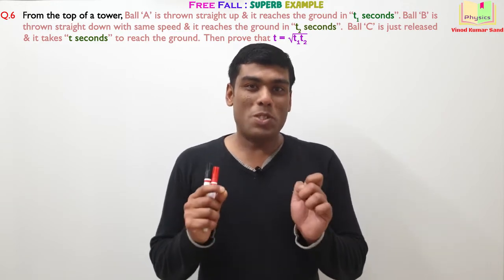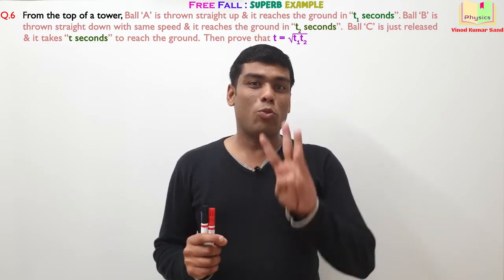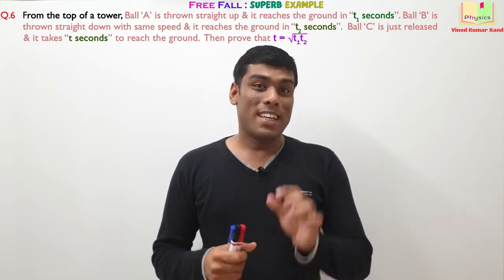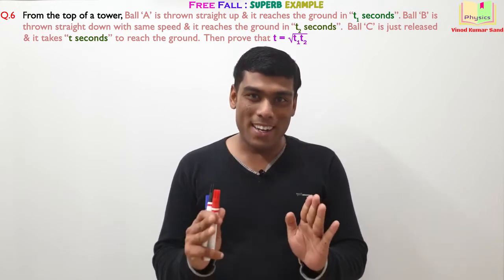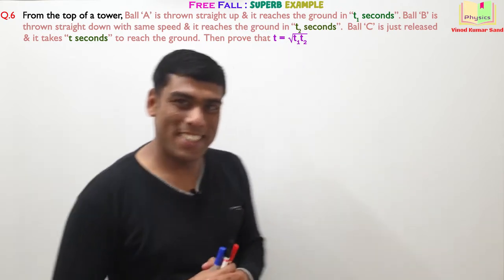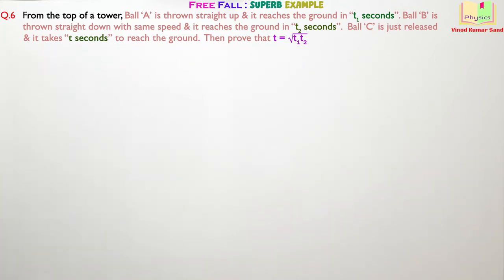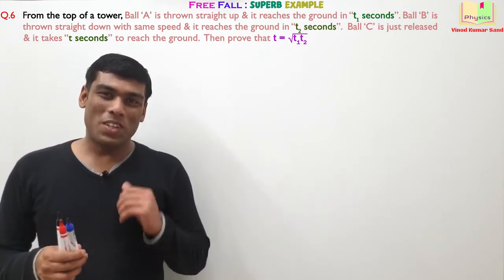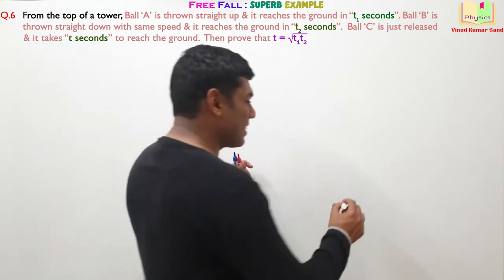It's a very famous problem, and I'll give you 4 different methods to solve this particular question. It's an important one, so I urge you to pause here and give it your best shot. I hope you got your answer, so I'm deriving the things here.